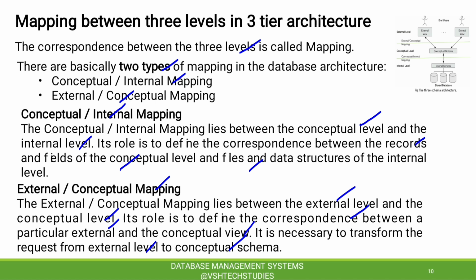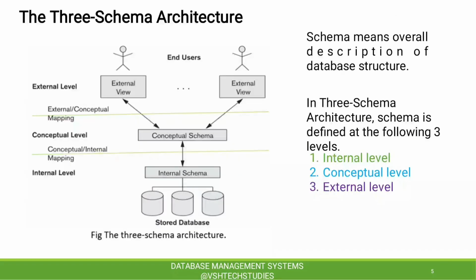So this mapping is explained with respect to the three schema architecture in DBMS, that is this figure. It shows the three schema architecture. Here we have three levels: internal level, conceptual level and external level.